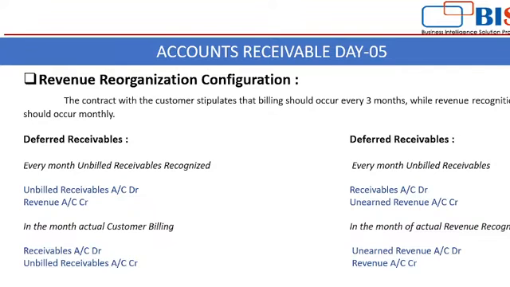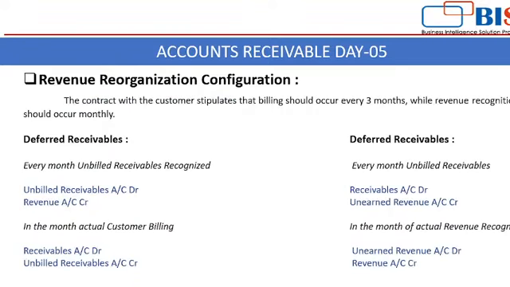When you are deferring the receivable every month, unbilled receivable recognized, at that time the entry will be passed as unbilled receivable account debit to revenue, and in the month of actual customer billing it will be receivable account debit to unbilled receivable. When you are deferring the revenue every month, the entry will be passed as receivable to unearned revenue, and in the month of actual revenue recognition the entry will be passed as unearned revenue debit to revenue account credit.